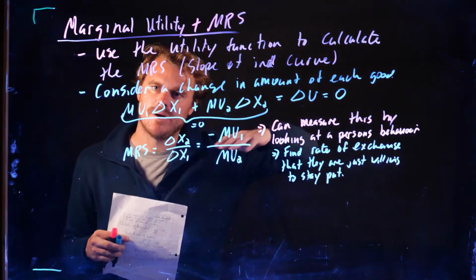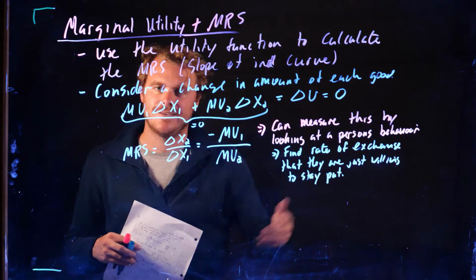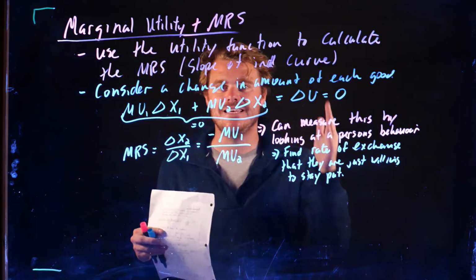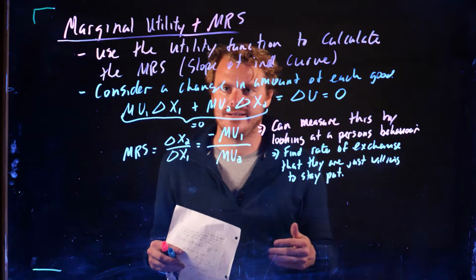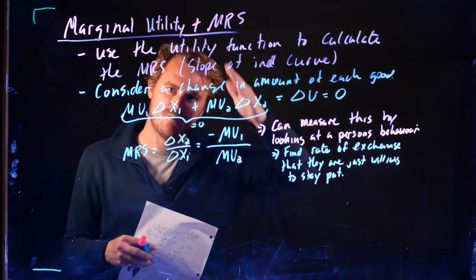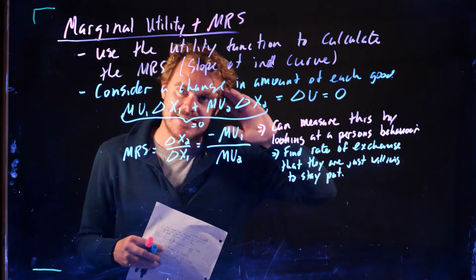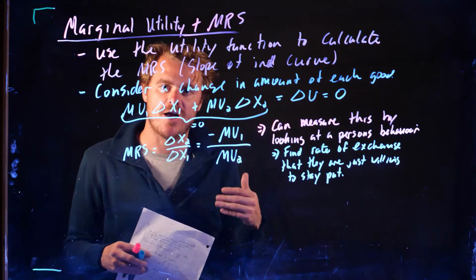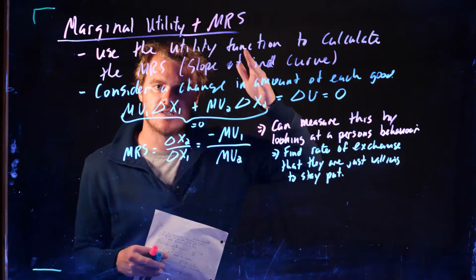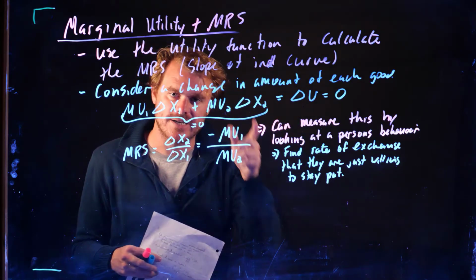Because we remember we talked about offering them an exchange rate, E is the one we used in the last chapter, and the only time they'd be indifferent between making that trade or staying put is when the slope of the indifference curve equals that exchange rate.